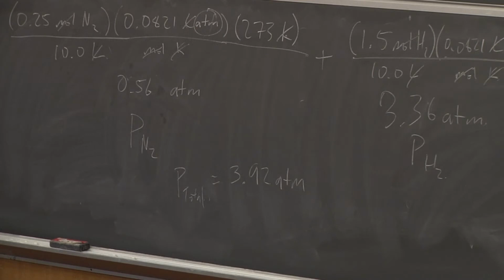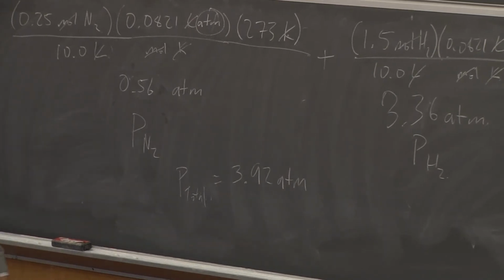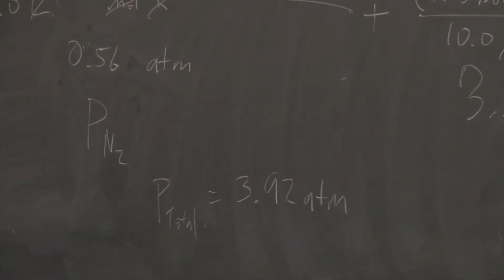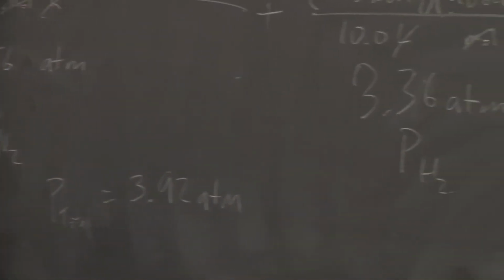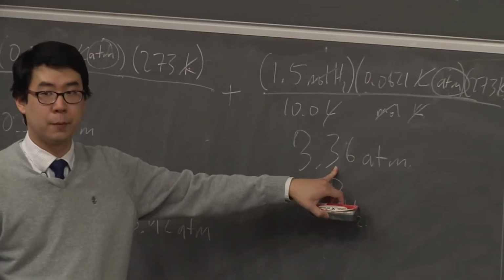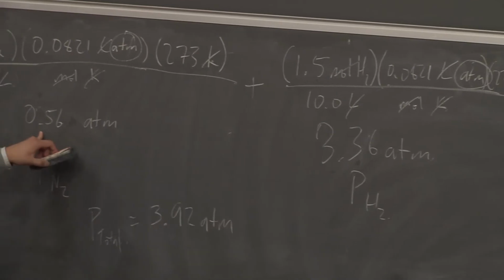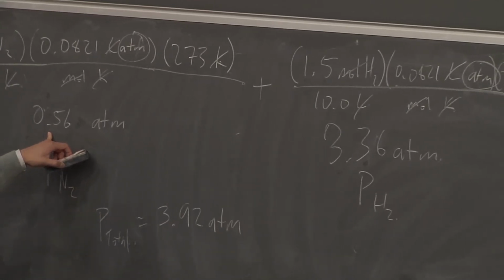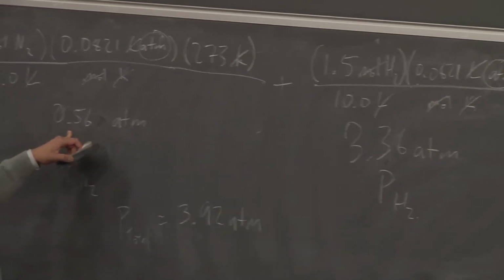I kept all my significant figures throughout and then I got 3.90. Is that okay? Actually, I didn't think about the significant figures. This is going to limit us to 2 significant figures, so this is really 3.4. So 3.4 plus 0.56 gives us 3.96, so it's going to be 4.0.